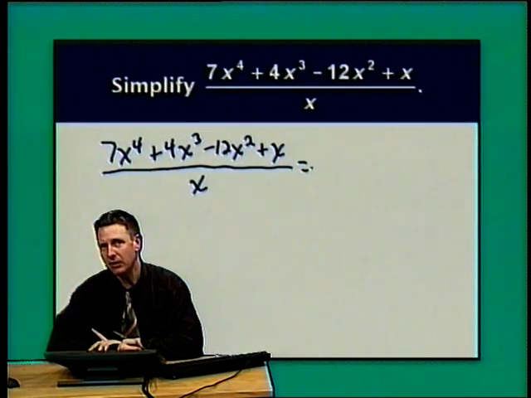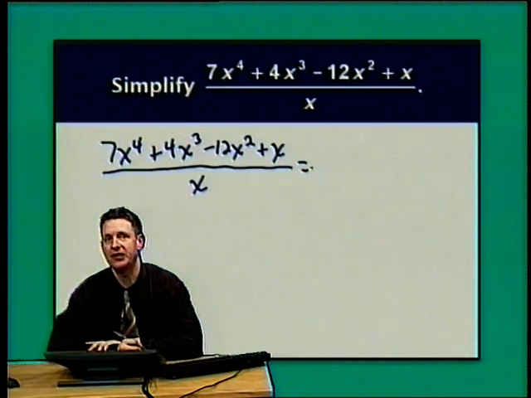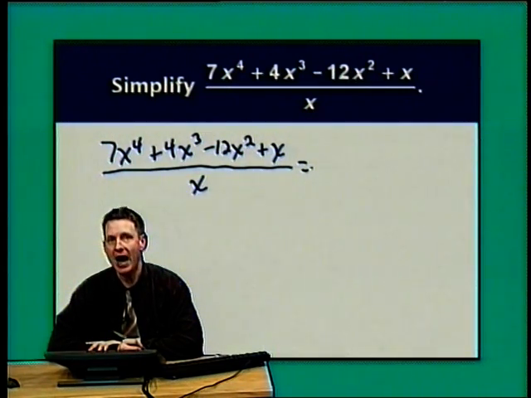But there's something a little bit different when you take a single fraction and turn it into the sum and difference of several fractions. When you're adding together fractions with a common denominator, you find the sum and difference of the numerators all over the common denominator. So when you go in the opposite direction, every single term in the numerator needs to get its own occurrence of the common denominator.